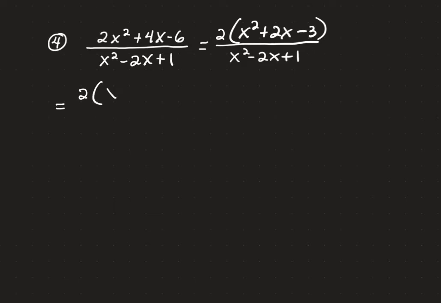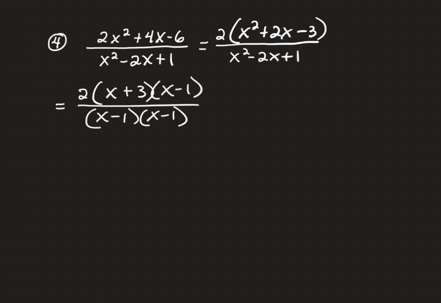Let's see, x plus 3 times x minus 1 will give us x squared plus 2x minus 3, and x minus 1 squared, because this is a perfect square trinomial. That'll do it. We factored the top completely, we have factored the denominator completely, and now look what has become obvious.